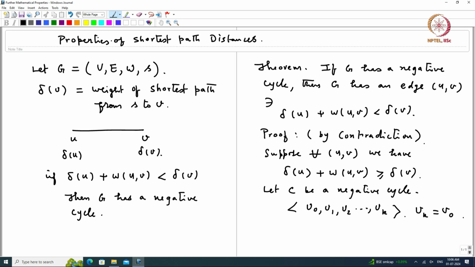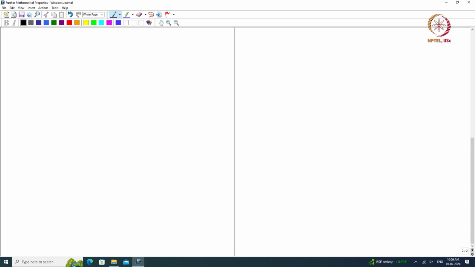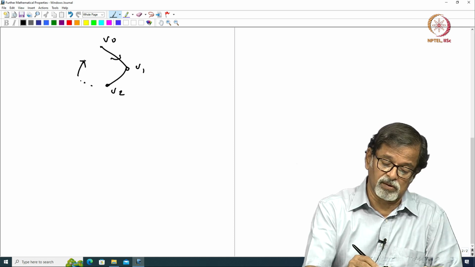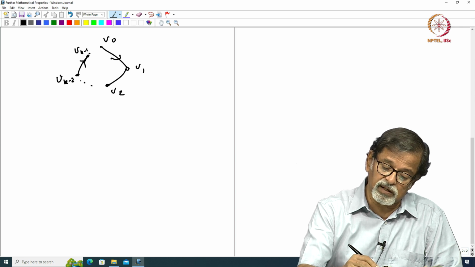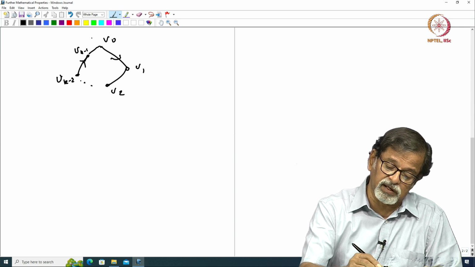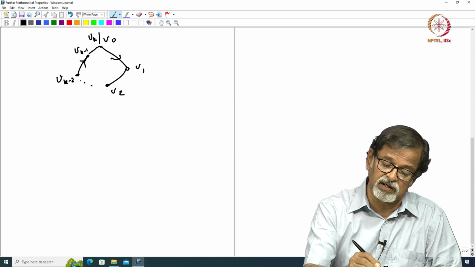I have given the list of vertices of the cycle: V0, V1, V2, Vk minus 2, Vk minus 1, next is Vk, the same thing as V0.